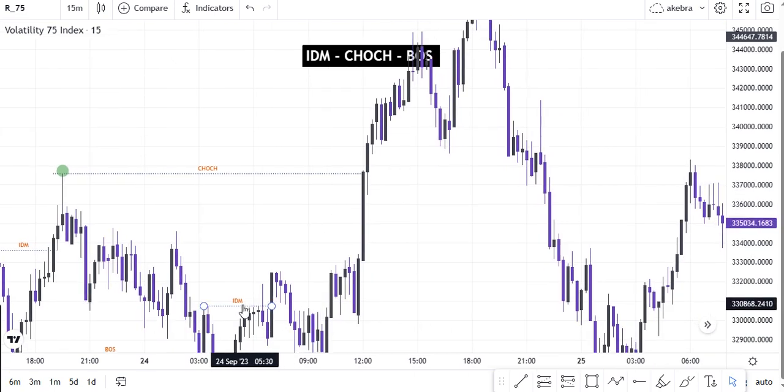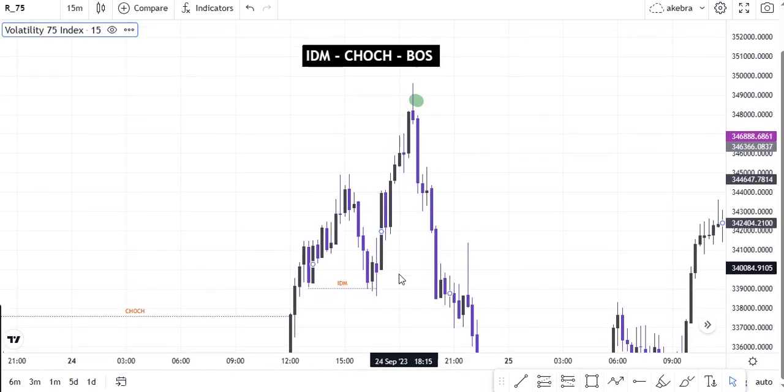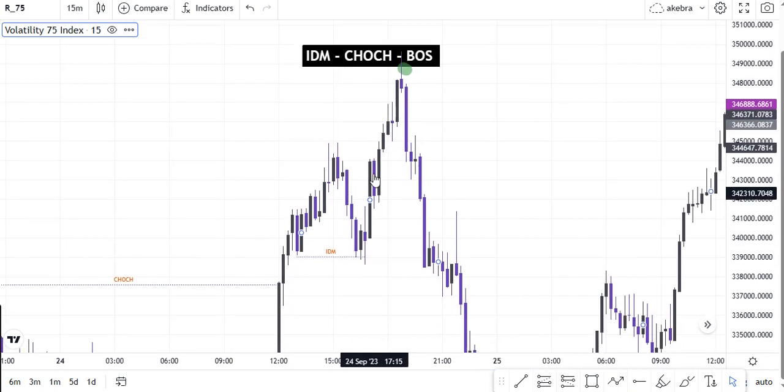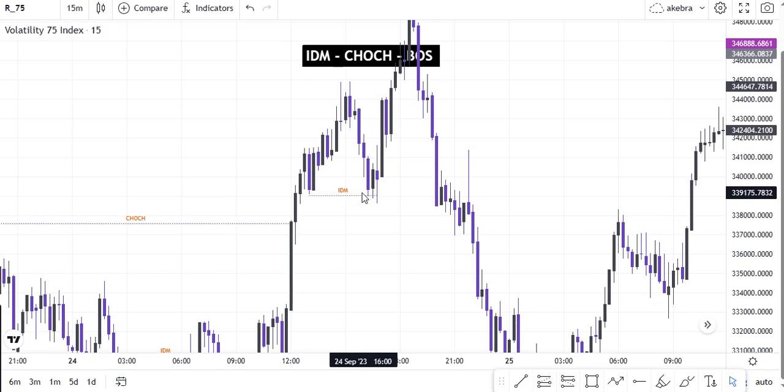So we begin to map inducement. So this becomes our next inducement. Okay, when the market takes out the inducement and pushes higher, this becomes what? Our next valid inducement.